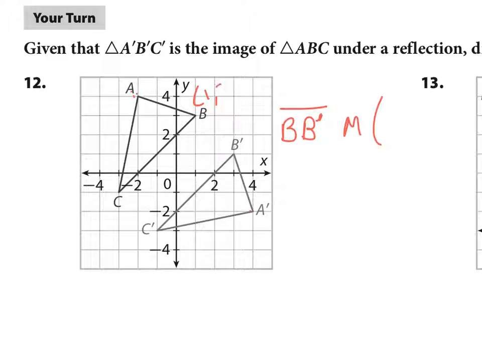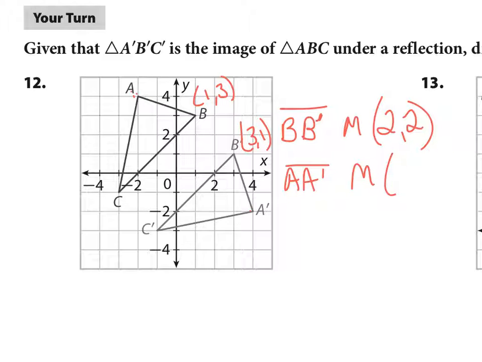The midpoint would be, this point is 1, 3. And this point is 3, 1. So I'd get 4 divided by 2 is 2, and 2. And the midpoint of A, A prime, A is -2, 4. And A prime is 4, -2. So I'd get 2 over 2, which is 1, 1.